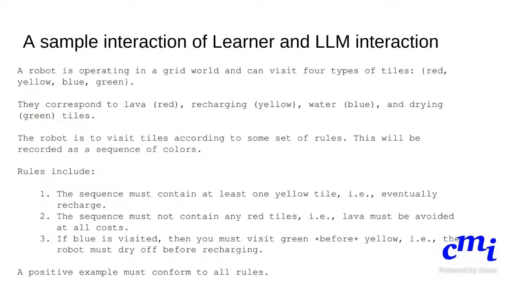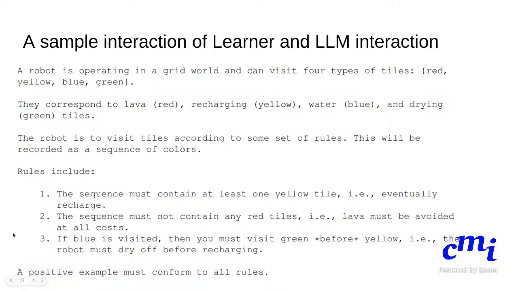We'll also look at a concrete example. The sample interaction is a robot operating in a grid world. You specify your problem, like how many tiles, what color tiles there are, and what each color corresponds to, and the robot is to visit tiles according to some rules. The rules are given below, the 3 rules that we looked at in the previous slides.